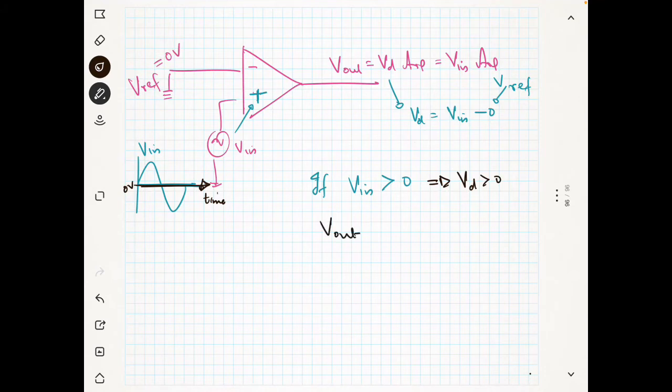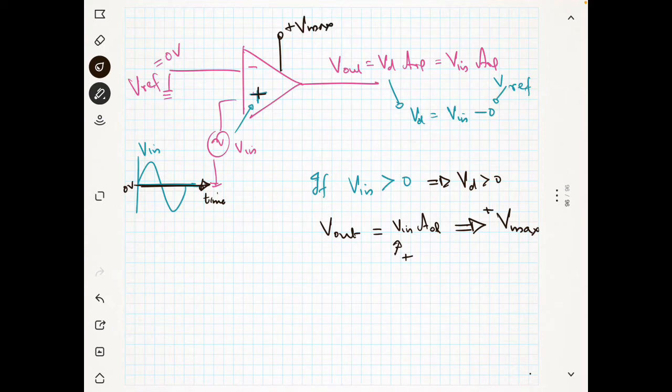And what will be your V out? V out will be V in into AOL. Since V in is positive and AOL is a positive gain, because you have applied your input at the positive terminal, the output will go to V max.